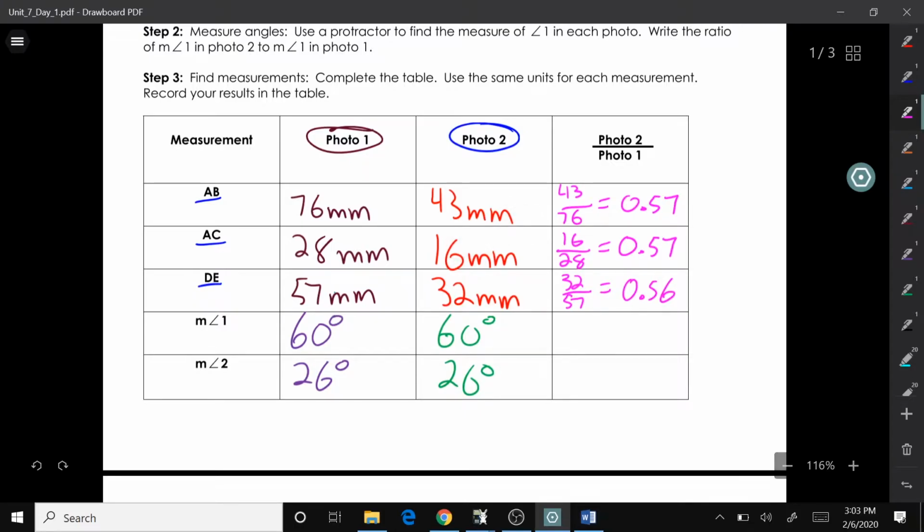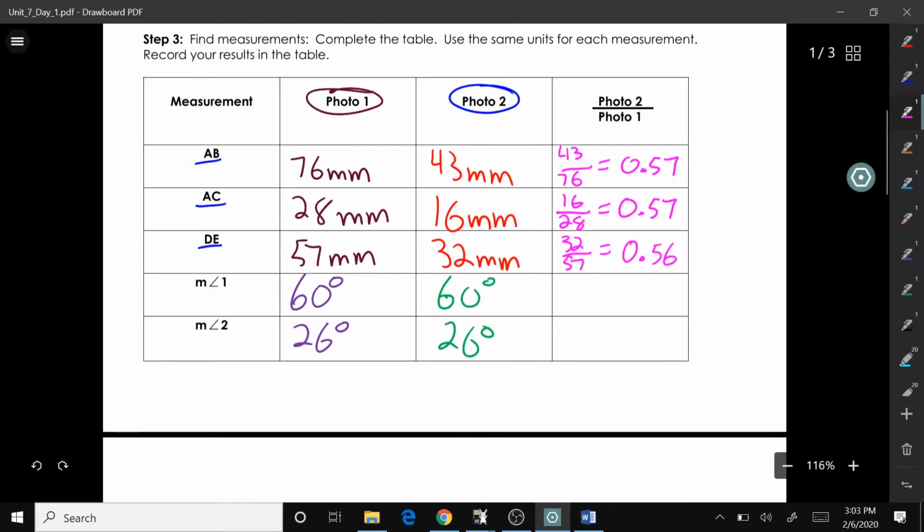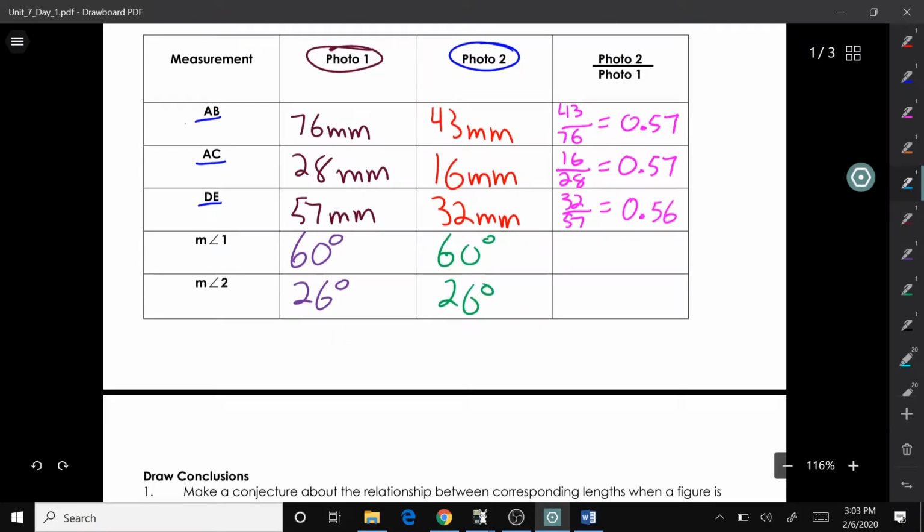So your numbers might have been off slightly if we were doing this activity, just because of rounding and because counting millimeters on a ruler is incredibly tedious, and they're small, so it might be difficult to get an exact measure. All right, so now for angles, 60 over 60 is 1, and 26 over 26 is also 1.